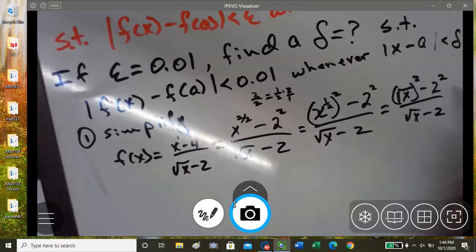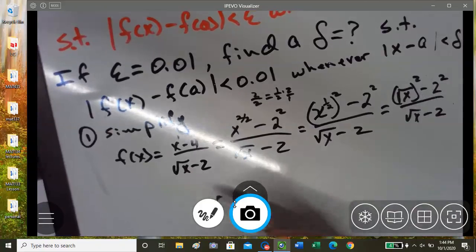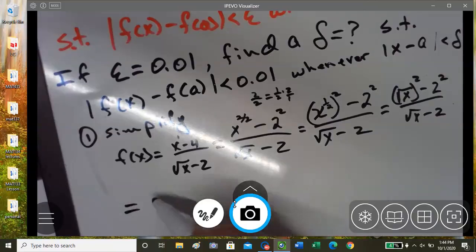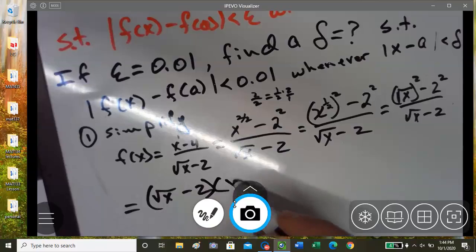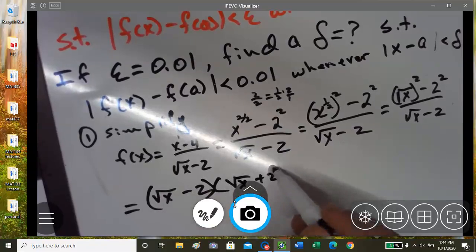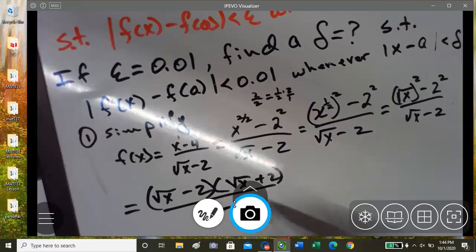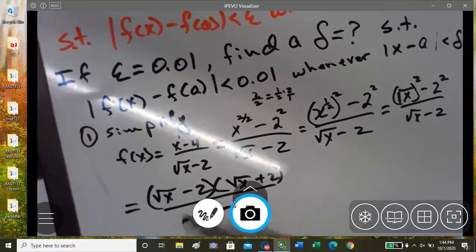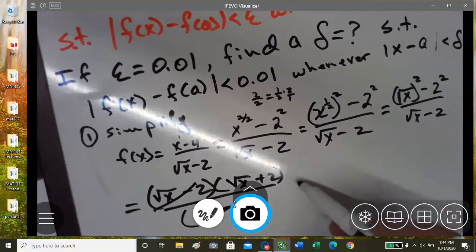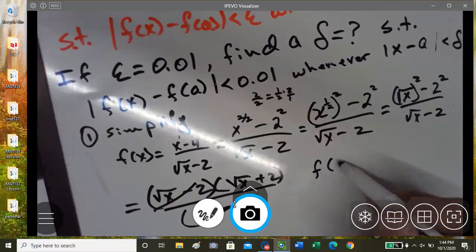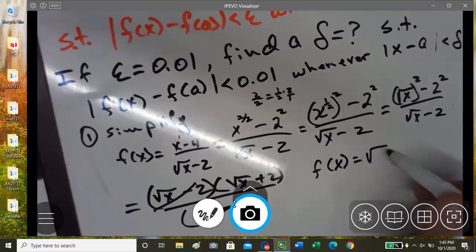So now we can factor that using the difference of 2 squares: the square root of x minus 2 times the square root of x plus 2, over the square root of x minus 2. Now we can see that the square root of x minus 2's cancel, so our function has simplified to the square root of x plus 2.